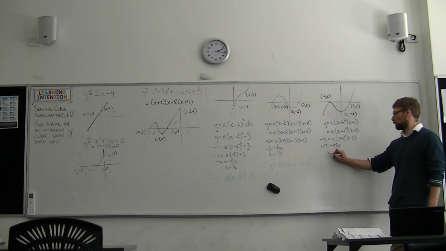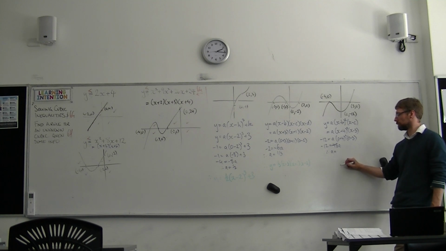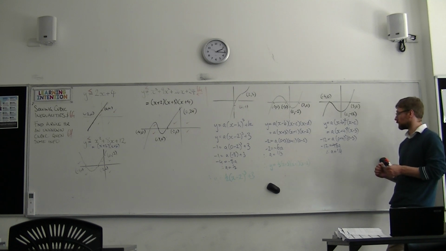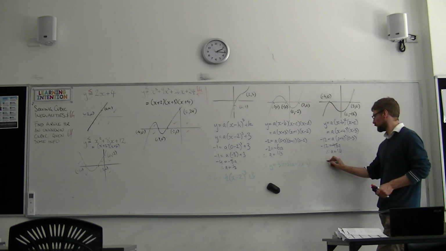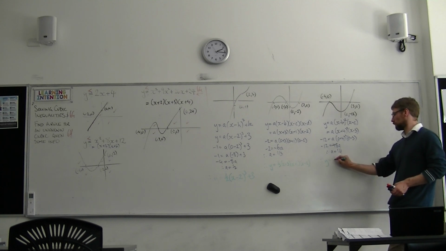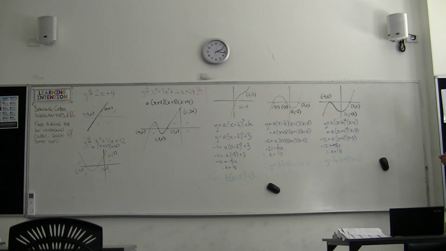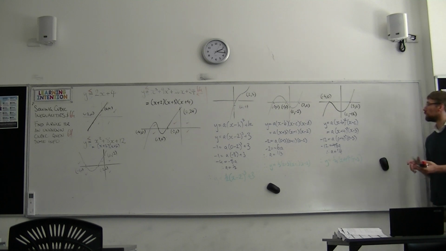Right. Therefore, A is negative 3. Times tables, rather handy. Therefore, y equals a, whatever we have, x plus 4 squared, x minus 3. Beautiful. Happy days.